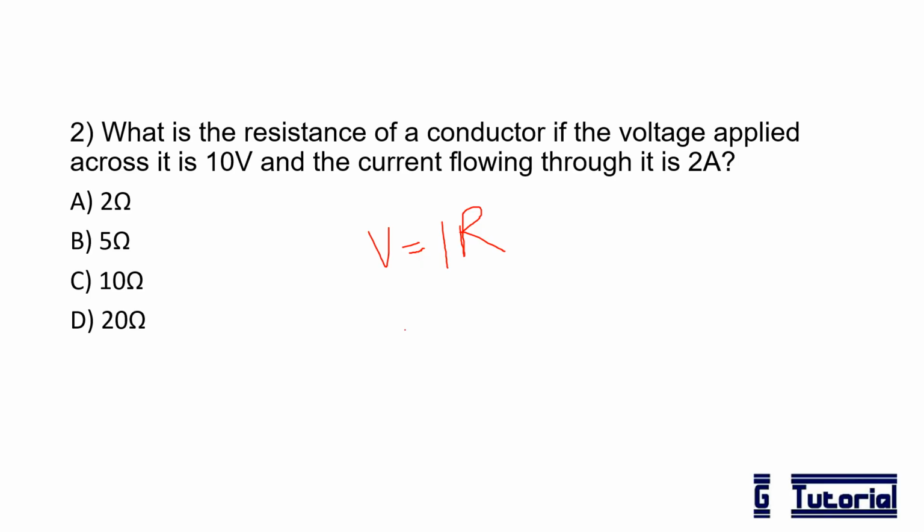From this, we can find R is equal to V by I. Here V is 10 volt and current is 2 amp. So V by I is 10 by 2, which is 5. So the answer is 5 ohm.